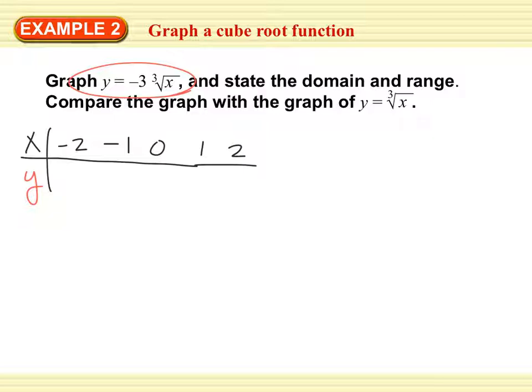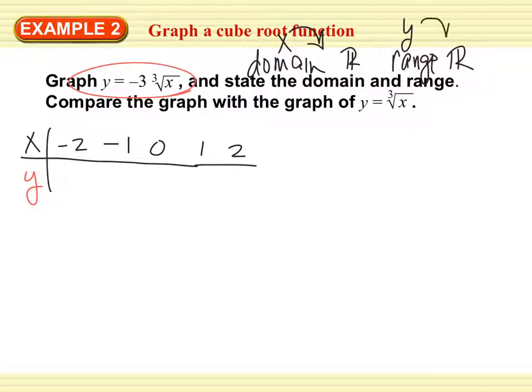So really we know here that my domain is going to be all real numbers, right? That also means if I plug in all real numbers and I can have negatives, my range is also going to be all real numbers. So all the values I can plug in can be anything, and all the values that I'm going to get out are going to be anything.